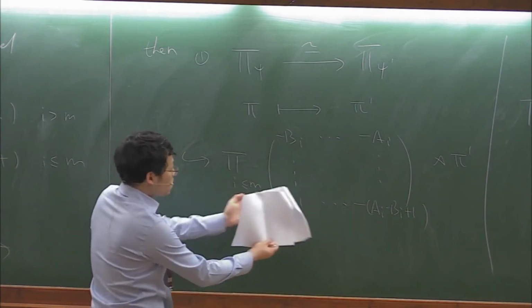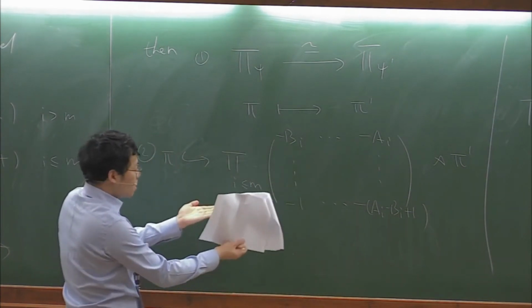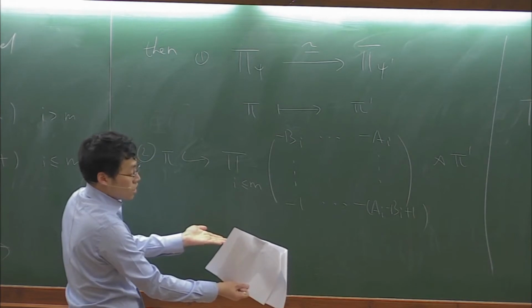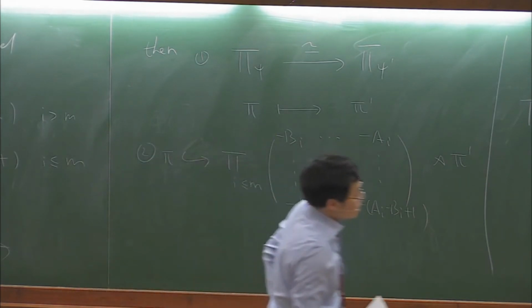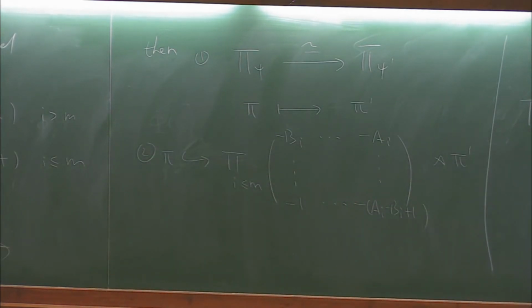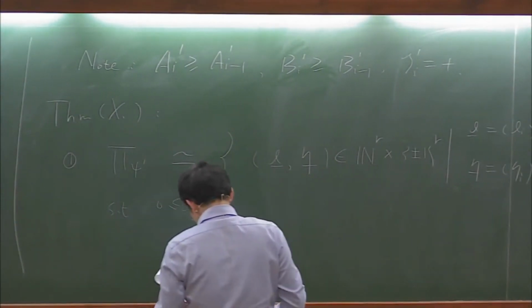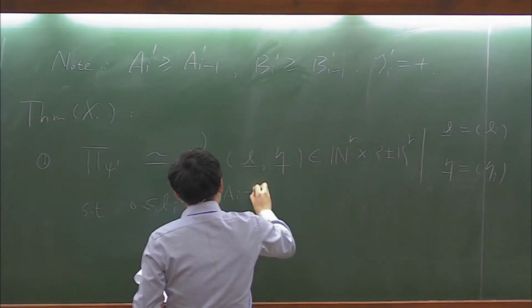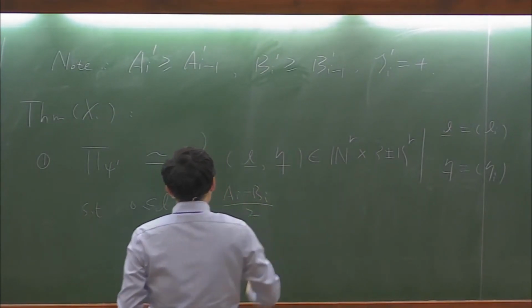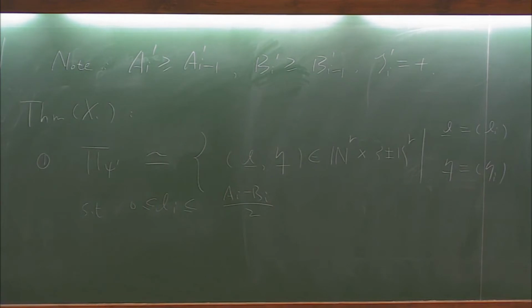You can actually switch out this matrix. The resulting induced representation is not changed. Okay. So here, these L_i again are bigger than or equal to 0, and less than or equal to (A_i minus B_i) over 2. Okay, that's the same condition.